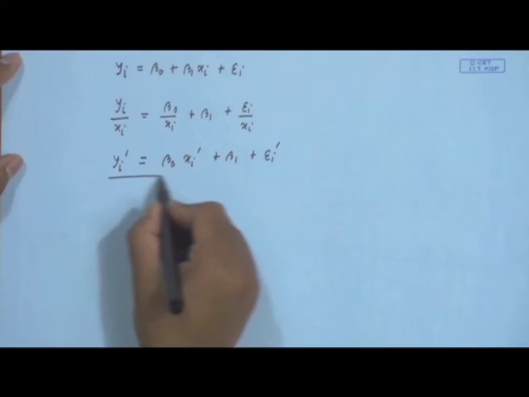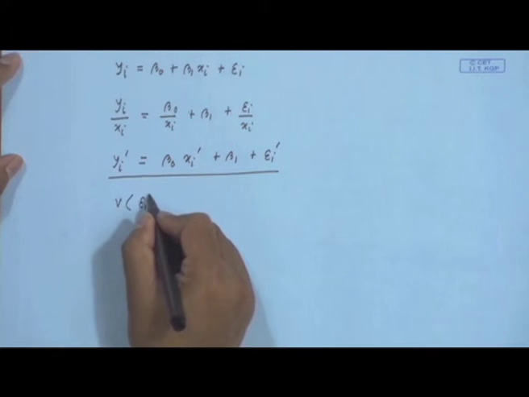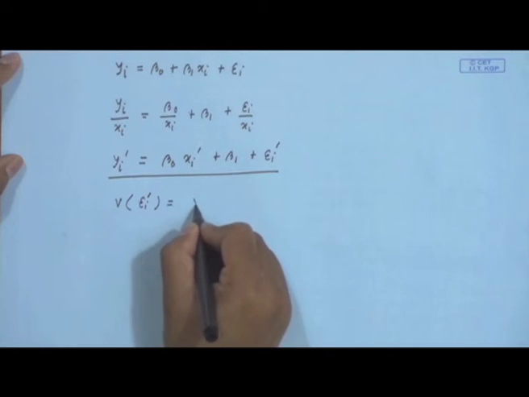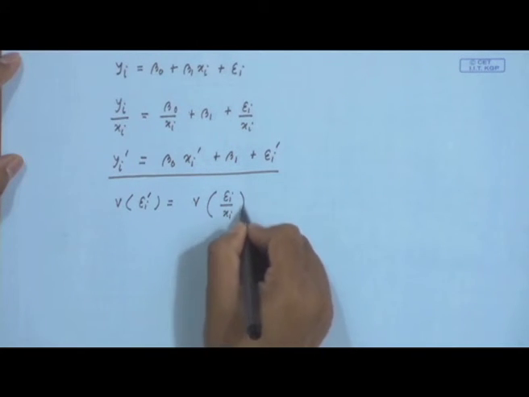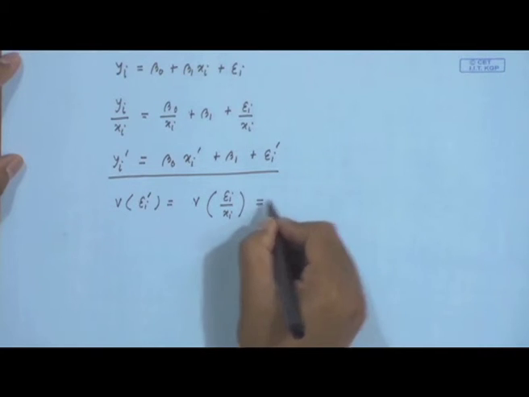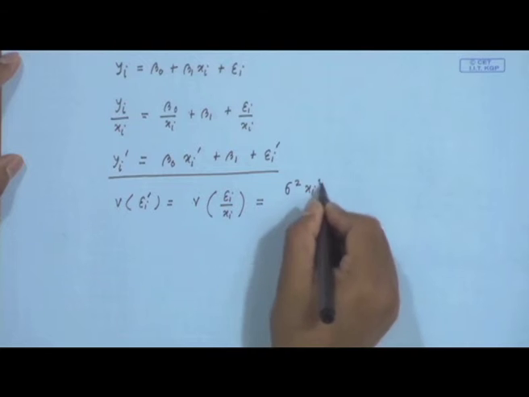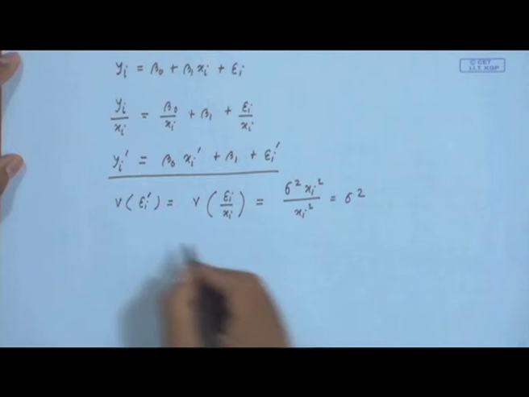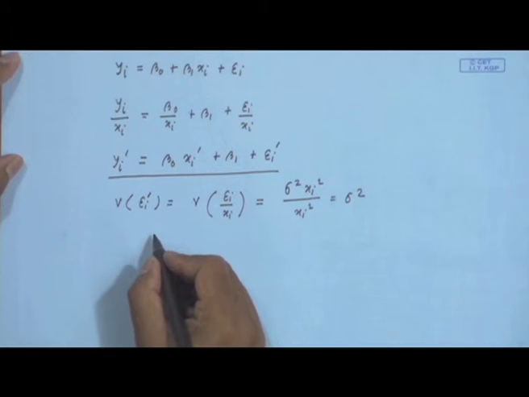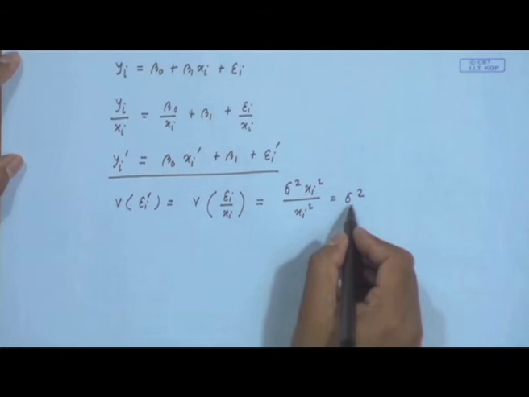Now, you can check in this transformed model that the variance of epsilon_i prime is equal to the variance of epsilon_i by x_i, and we know that the variance of epsilon_i is sigma square x_i square, so divided by x_i square. So, now the variance of the transformed error epsilon_i prime is constant.